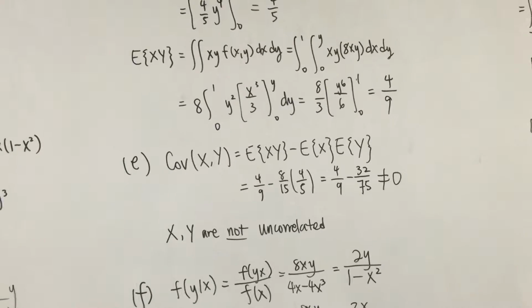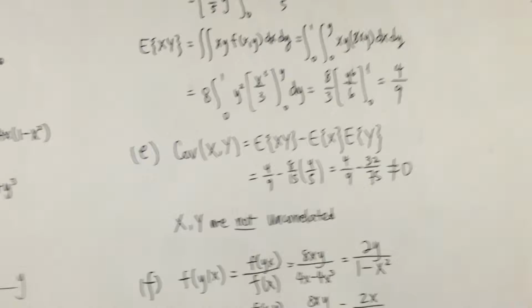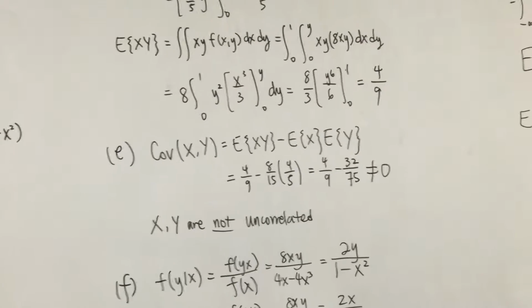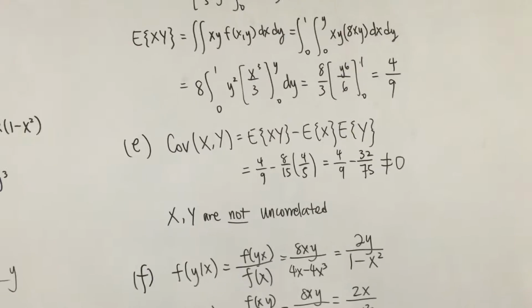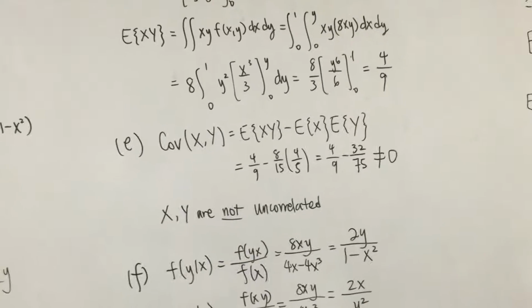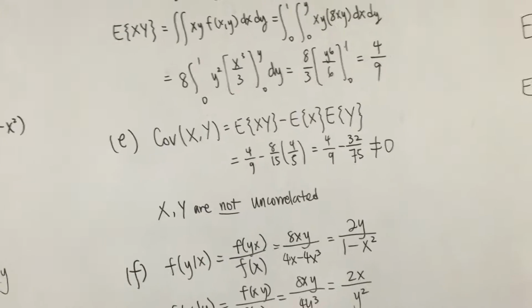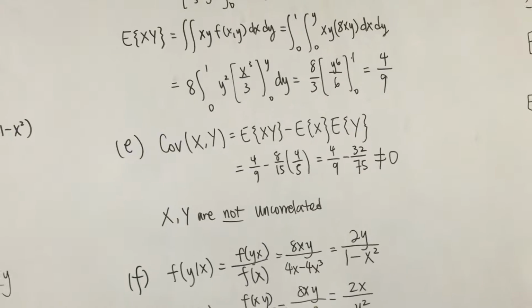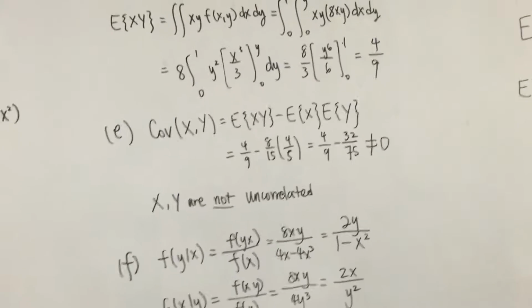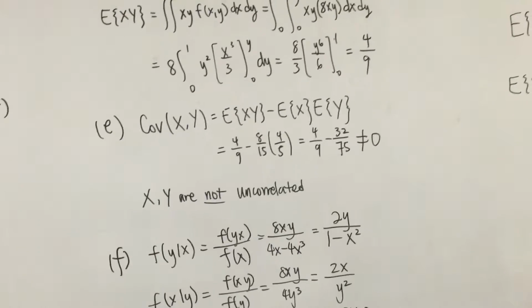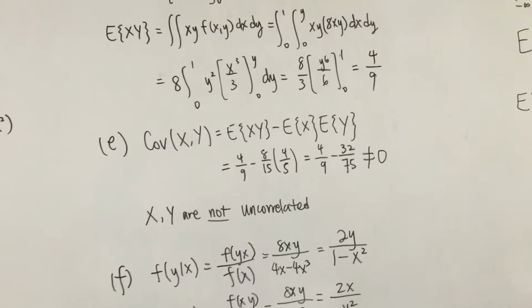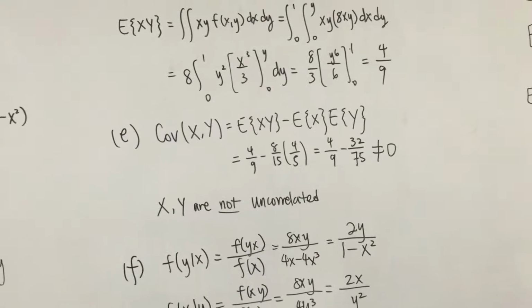Inserting the values that we found in part D, following the formula that covariance is the expected value of x times y minus the expected value of x times the expected value of y, you would find that it does not equal 0. So therefore x and y are not uncorrelated.